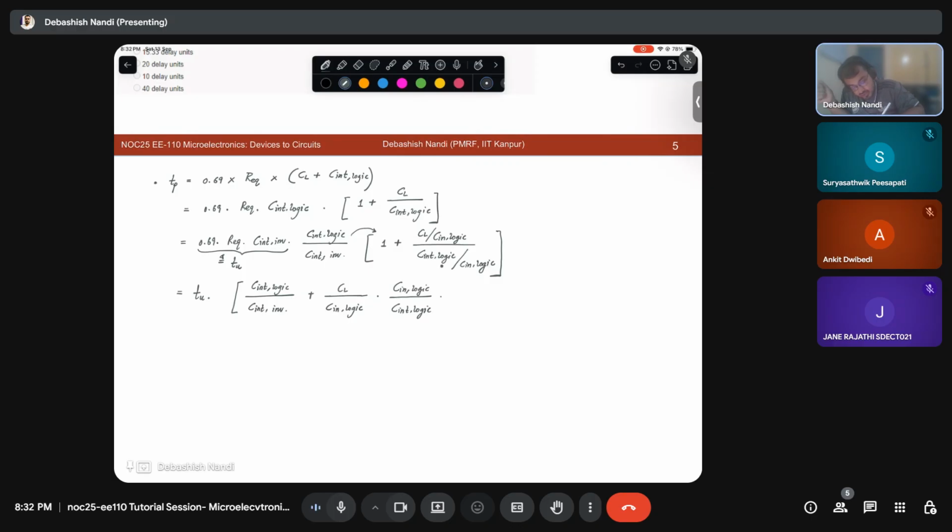Now I will just multiply it with C internal logic divided by C internal inverter.